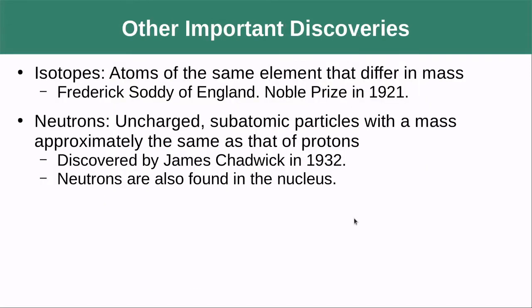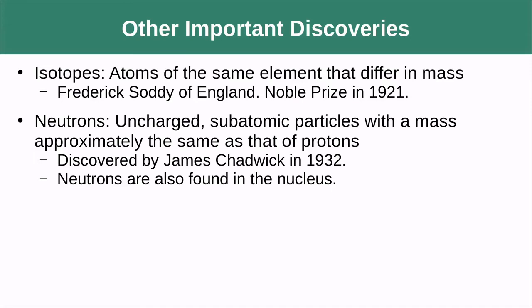Isotopes. Isotopes are atoms of the same element that differ in mass. So we actually do have elements that have different masses. This is in contradiction to Dalton's theory, but the difference in mass is so minute, he really didn't have a good way of measuring that at the time. In order to justify that, we have neutrons.